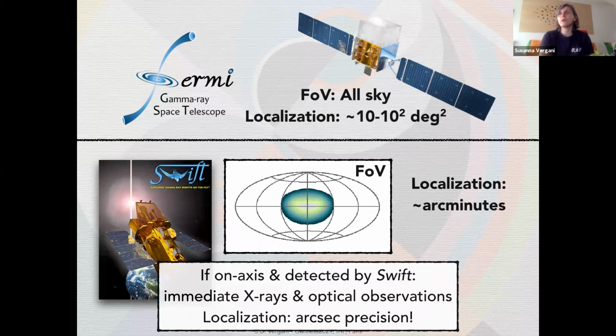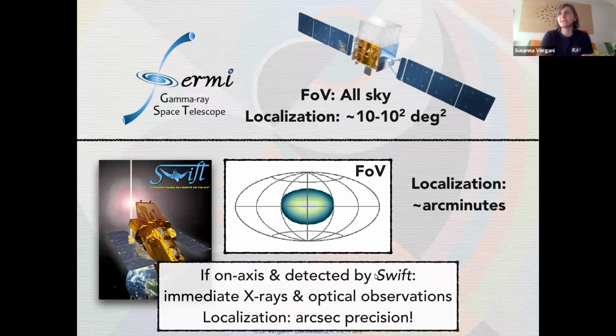There is also a kind of perfect case for detection: an event that is seen on axis and detected by Swift, because Swift can immediately observe the event also at lower frequencies, in X-rays for example, and it can give us the most precise localization, arcseconds.